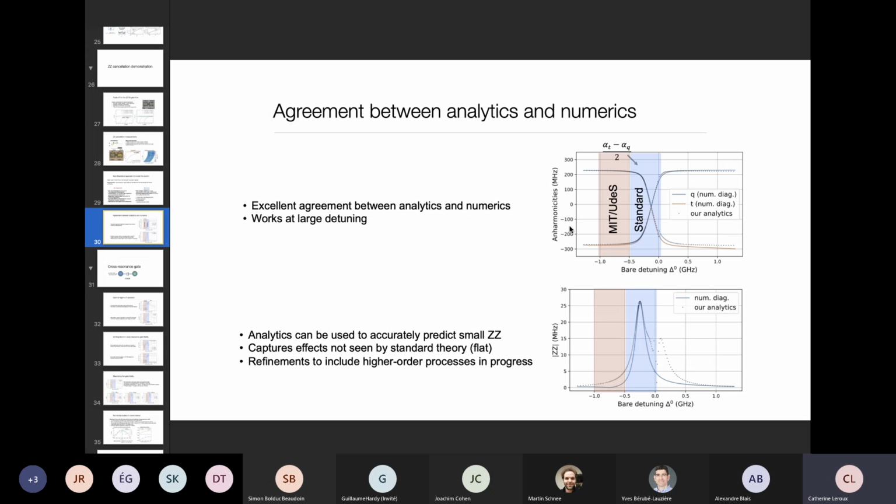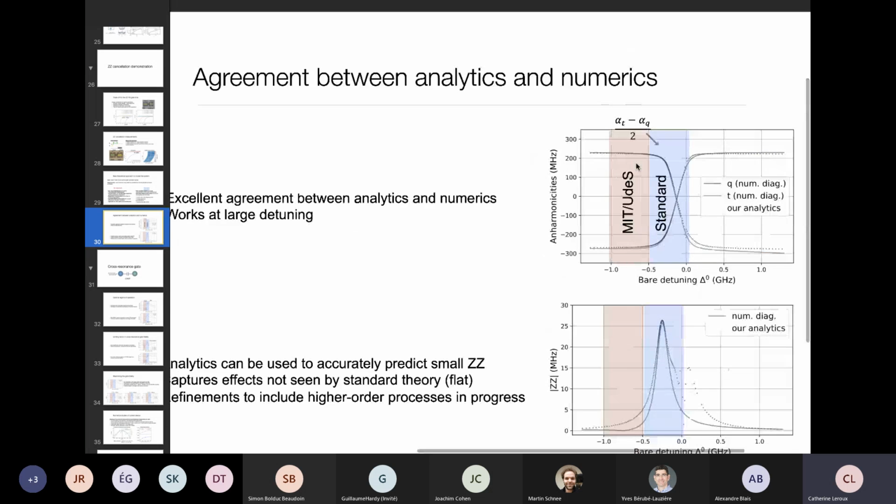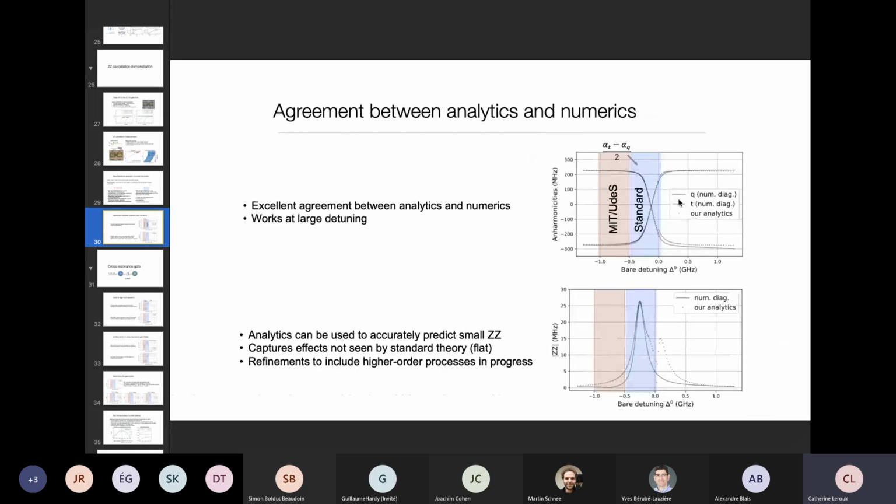So here, for instance, you have the anharmonicities of the two qubits. In blue is the Qmon, and in orange is the transmon. I know it's a bit difficult to see, but the dashed line here is the analytics, and the solid lines are from exact numerical diagonalization. You see that we captured a very strong renormalization of the anharmonicities for a specific system, whereas in the standard theories, this would be a flat line.